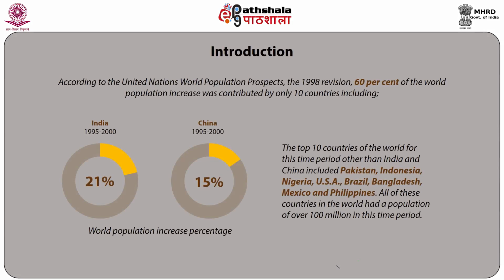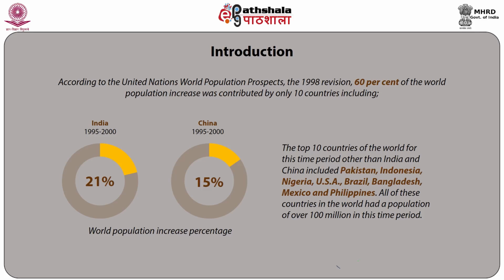According to the United Nations World Population Prospects, the 1998 revision, 60% of the world population increase was contributed by 10 countries only, including India 21% and China 16% in 1995 to 2000.